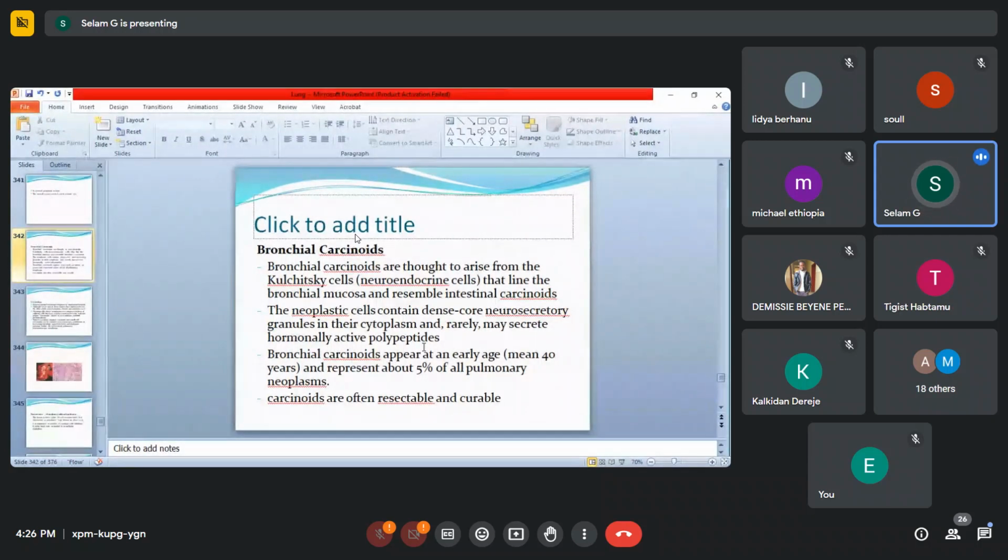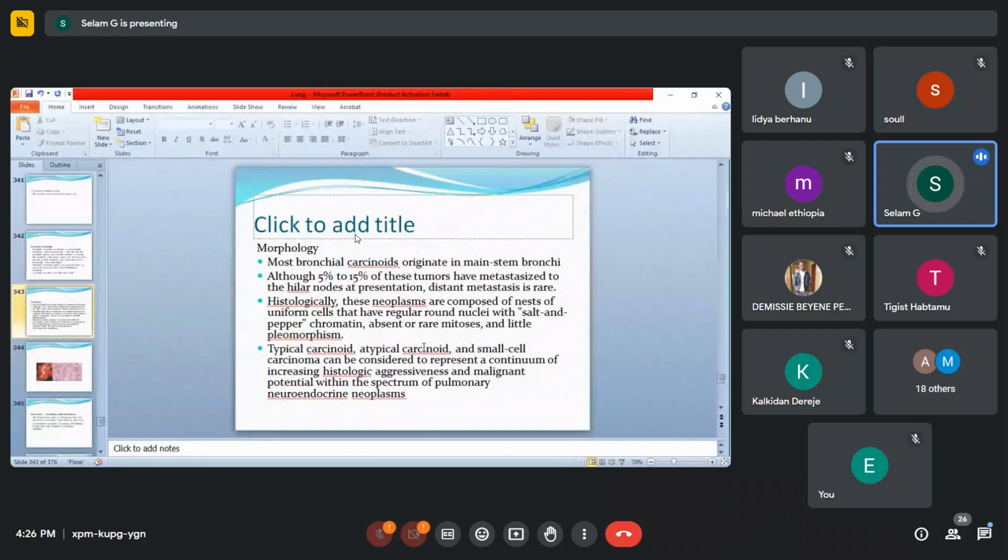The neoplastic cells contain dense core neurosecretory granules in their cytoplasm and rarely may secrete hormonally active polypeptides. These bronchial carcinoids appear at an early age and represent about 5% of all pulmonary neoplasms. Carcinoids are often resectable and curable.